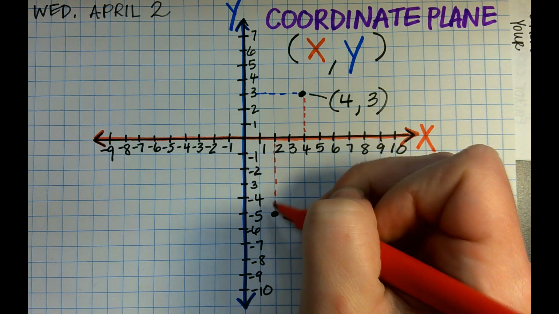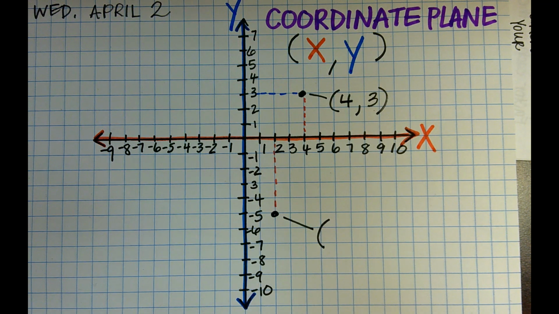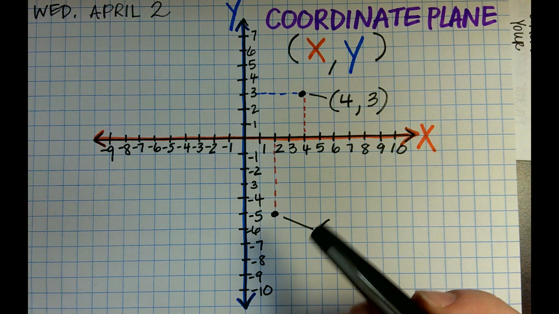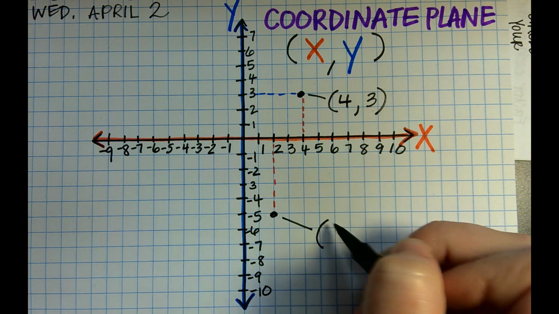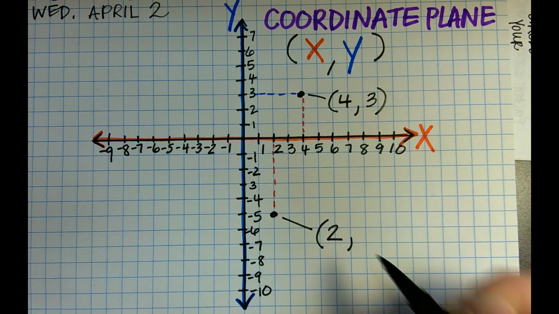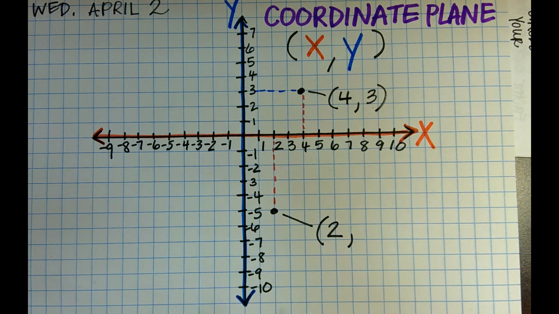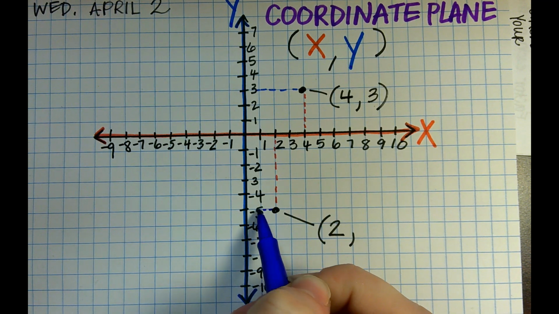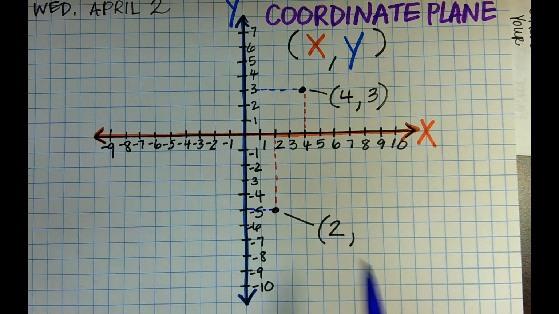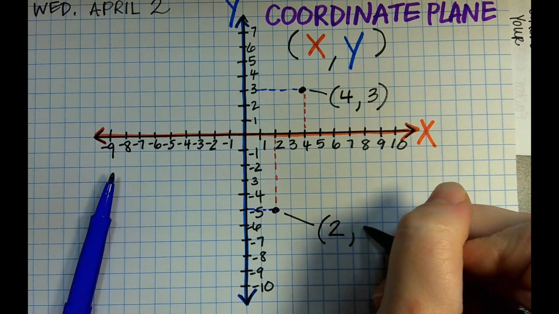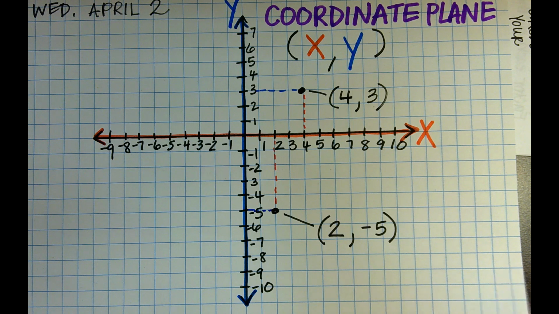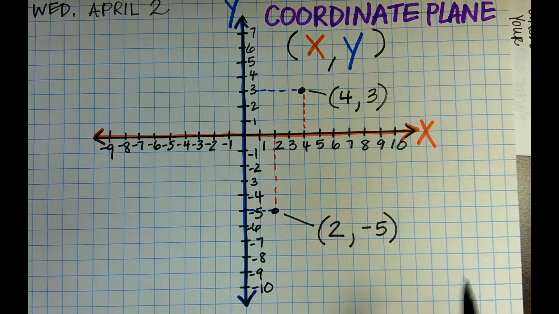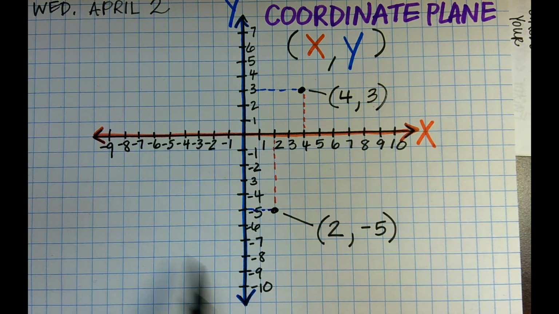I'm just doing it for visual aid because it may help some of you. Yes. So our x was +2, comma, and our y value, you are correct, Titania, -5. Good. Beautiful. Okay. Now let's do one over here.